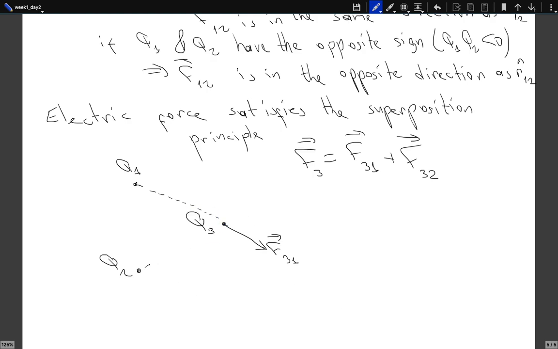And similarly, Q2 will exert a force on Q3. It will be pointing in this direction. Let's call that F32. Do you remember how you add the vectors? Well, that is one way, but just for the purpose of the sketch, you can just do a parallelogram.